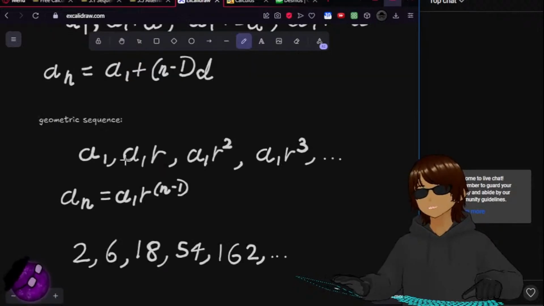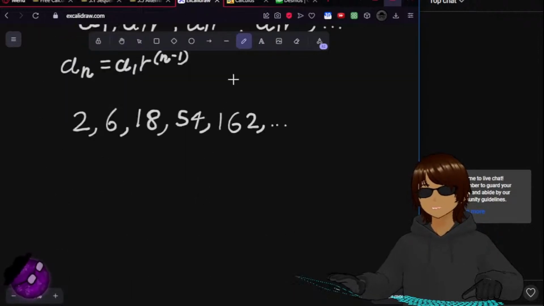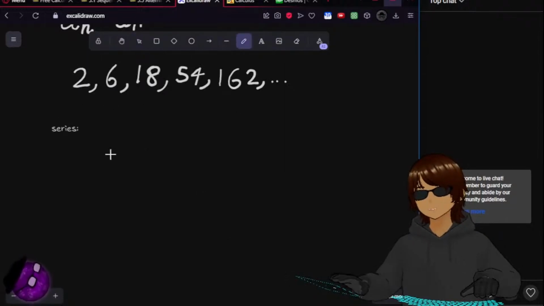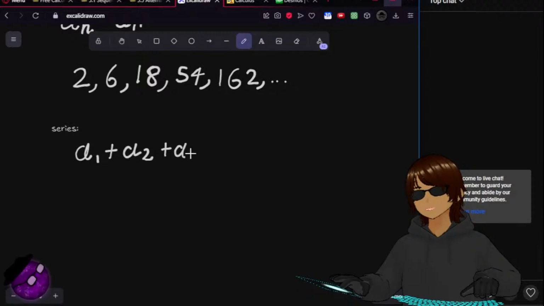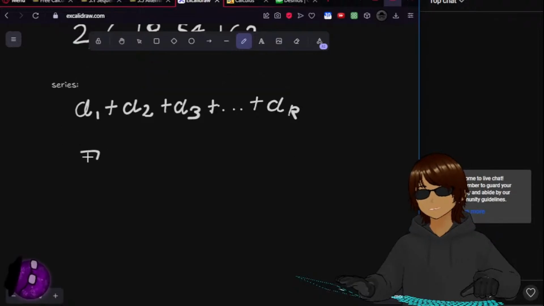We have a geometric sequence where a term is represented like this. We have an arithmetic sequence where a term is represented like this. Like sequences, we also have series where each number is being added. So in a series, we have A1 plus A2, the terms are basically being added, plus A3 and so on. Okay, so a series is represented like this.